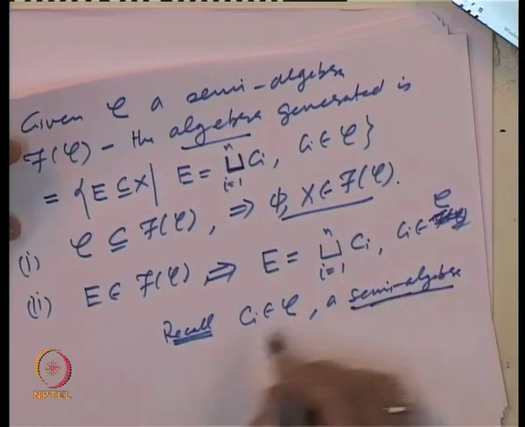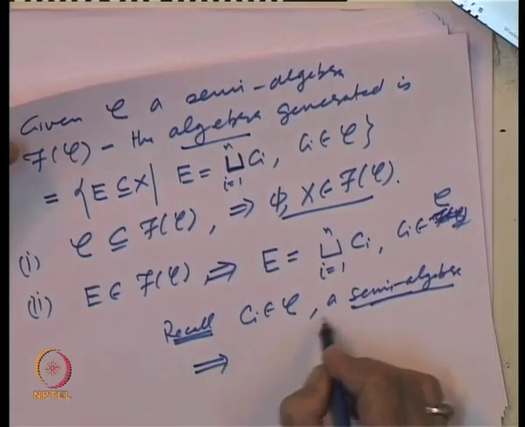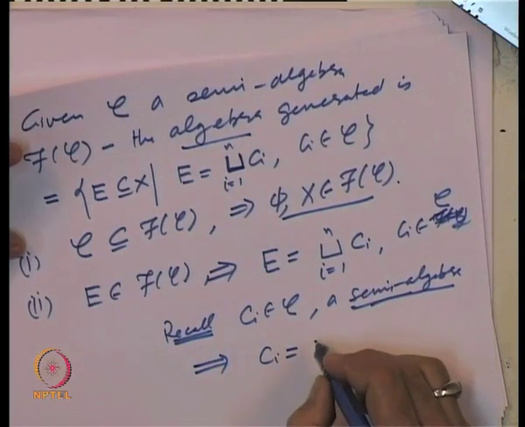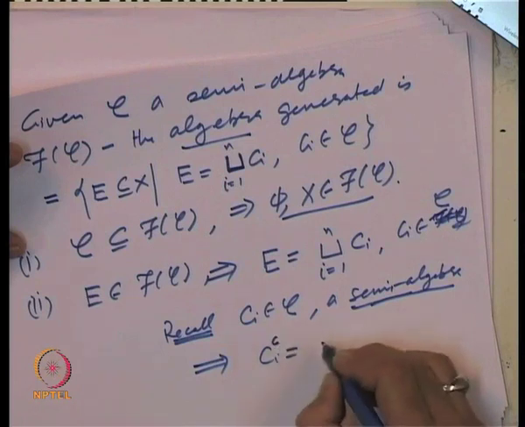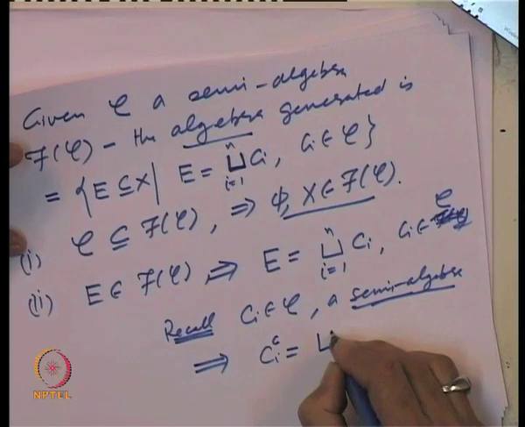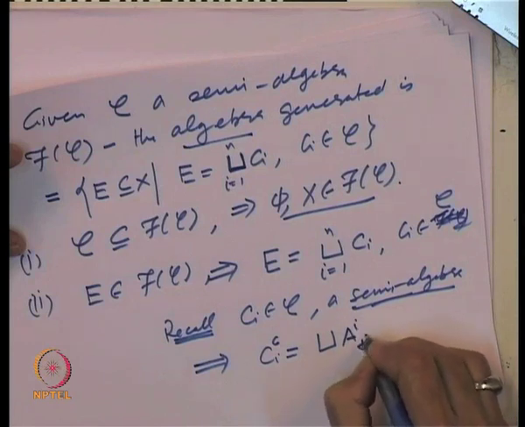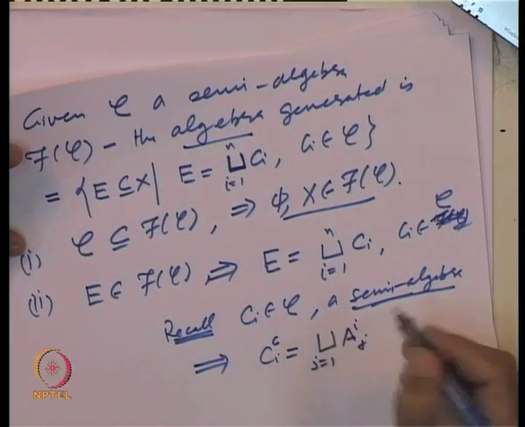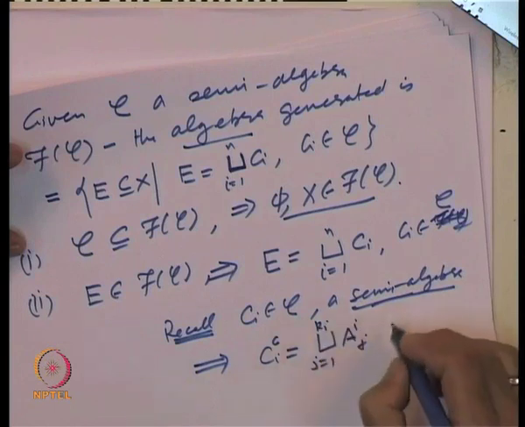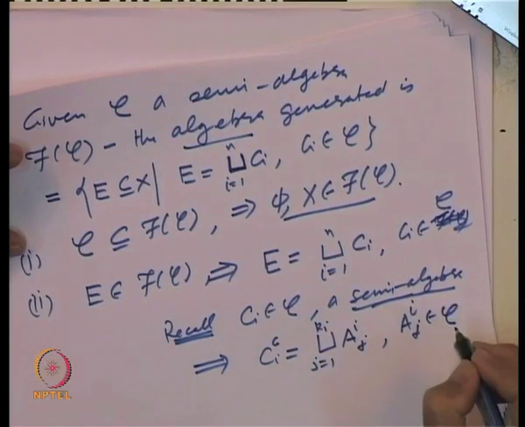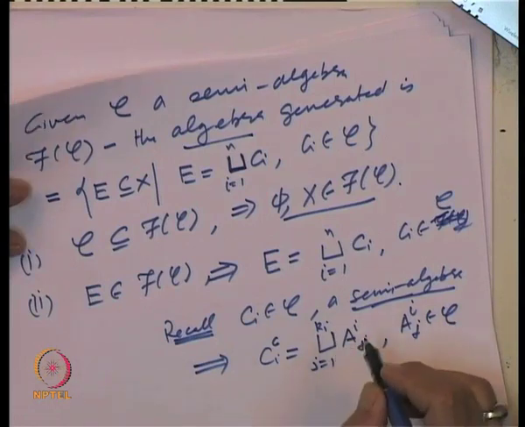This is important: it implies by the property of the semi-algebra that each C i complement can be written as a disjoint union of elements of C again. So, let us write it as the union over j equal to 1 to k i of A i j, where A i j's belong to C again, and they are disjoint.